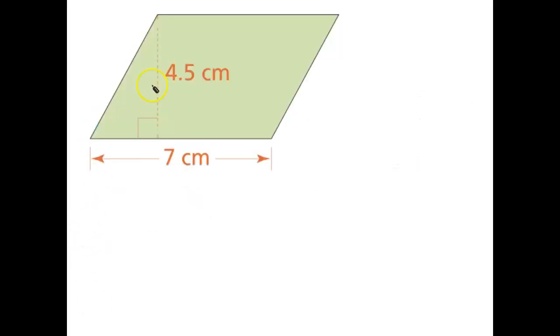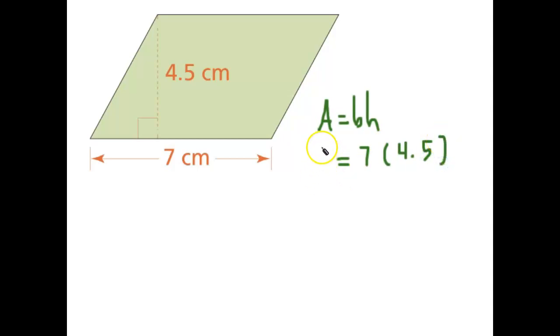So this is a parallelogram. The base is 7 and the height is 4.5. Based on the formula, area equals base times height, we could just substitute the values. The base will be 7 and the height will be 4.5, right?